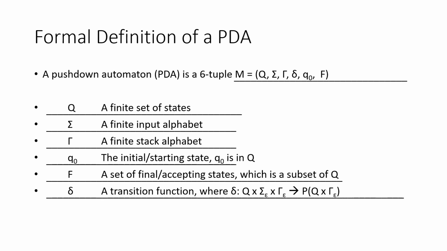So often they are the same alphabet, but they do not have to be. As before, we have Q0, which is a start state. We've seen that before. And we've seen a set of final or accepting states as well, which we normally write with the double circle. The transition function, we've seen that before as well, but now my domain and range look a little bit different than they did before.